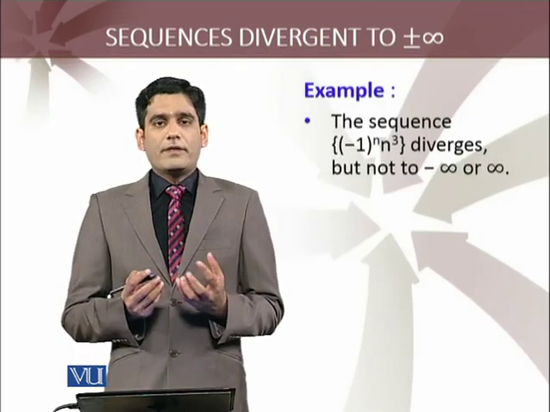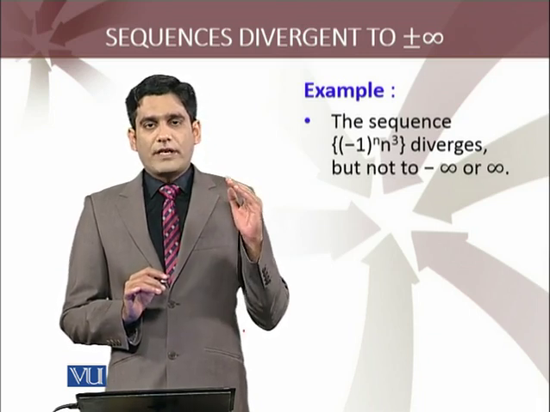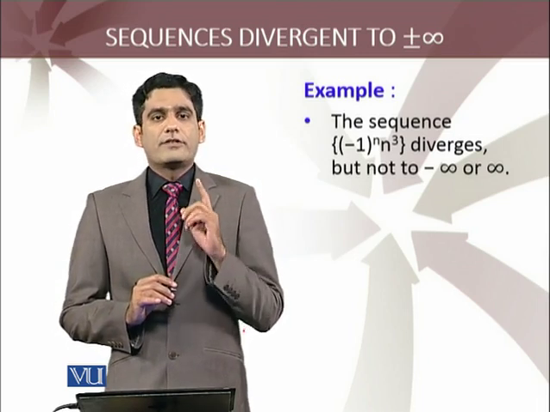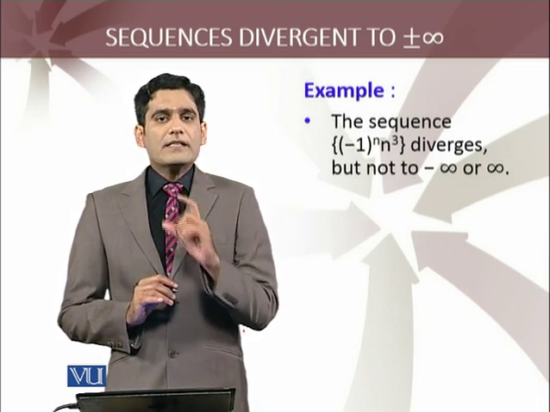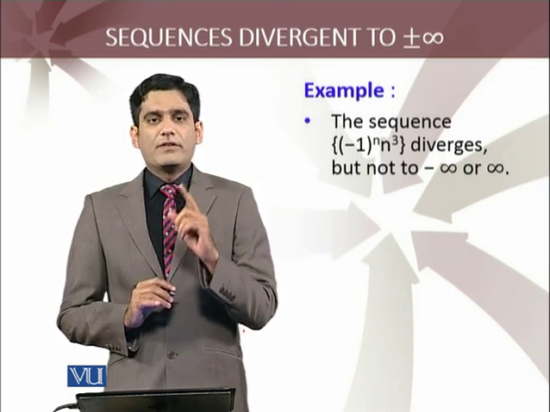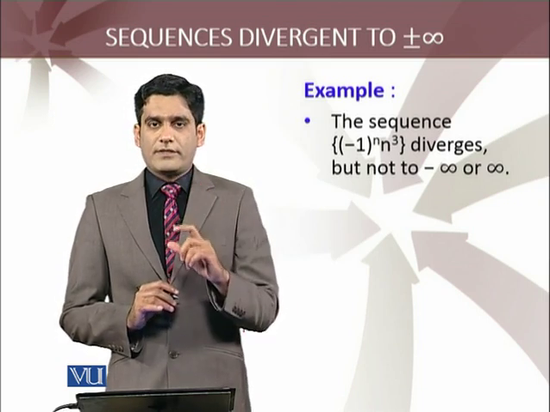अब क्या यही दो possibilities हैं कि अगर कोई divergent sequence होगा और वो diverge करेगा either to plus infinity or minus infinity? It's not the case. There are some sequences in which the sequence is divergent, but it is neither divergent to plus infinity nor minus infinity.